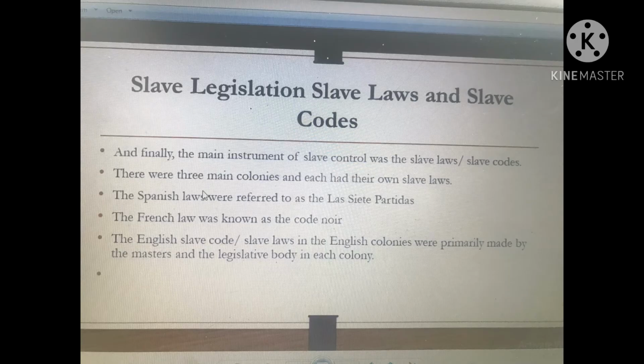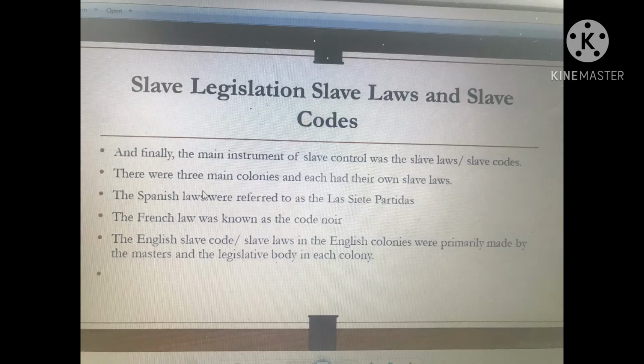Our final category of slave control is the main instrument of slave control, which were the slave laws and the slave codes. These were legal measures put in place to control and govern how slaves were treated and their position in society. There are three main colonial groups, and these three main groups had their own law.